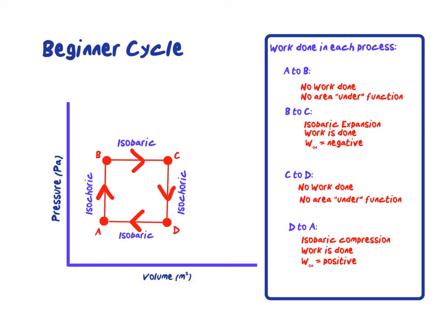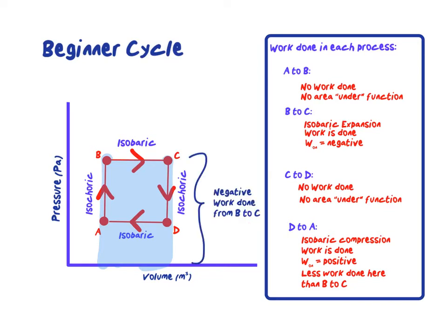And D to A has less work done than B to C. So B to C has more area under its function all the way down to the volume axis, the horizontal axis, and that would be the total amount of work done. And so we have that as a negative value, plus we have the work done from D to A as a positive value, based on the sign conventions.